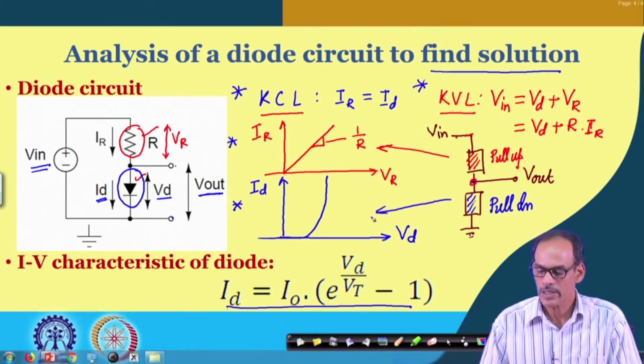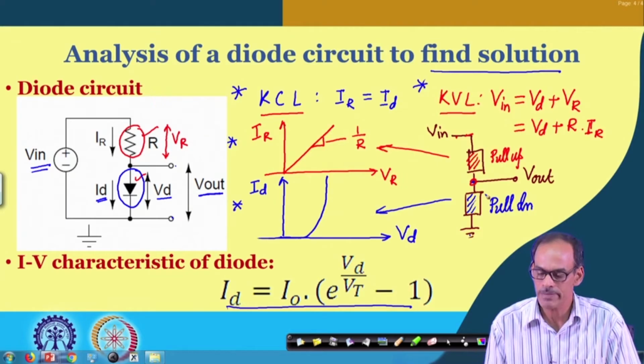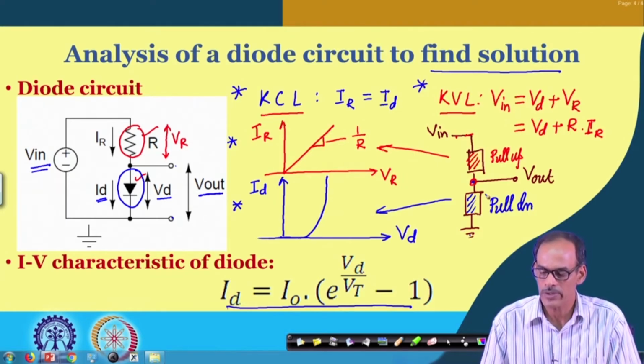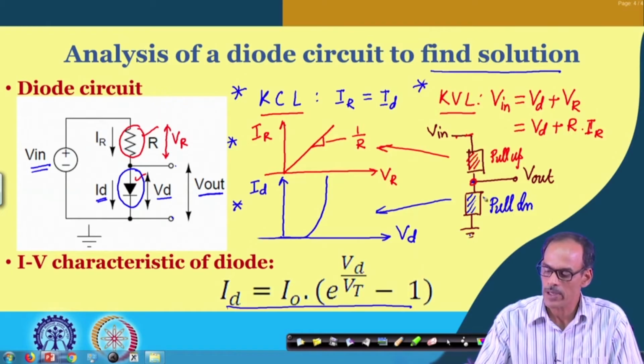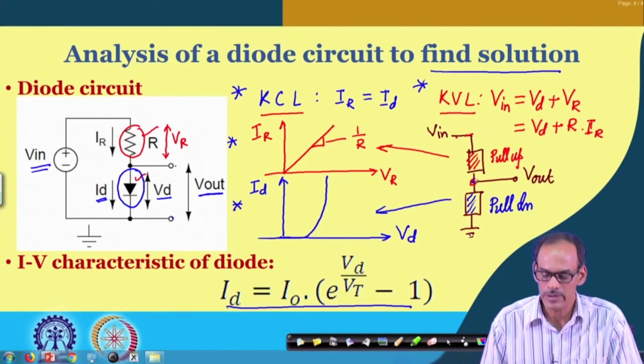Now, as I said, this is a generalized method. Whatever discussion we have can be deployed in any other circuit having these two paths, pull up and pull down. It need not be that this is linear or this is nonlinear; in general, it can be anything.